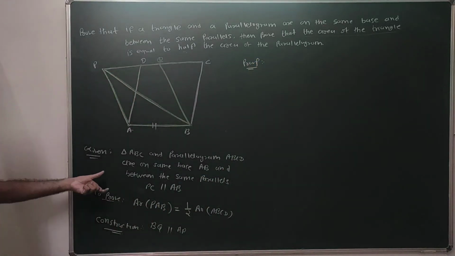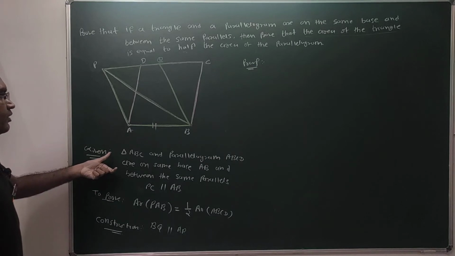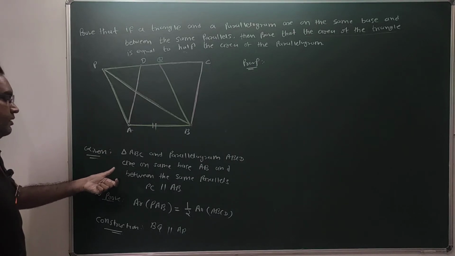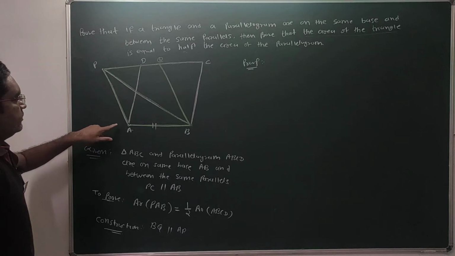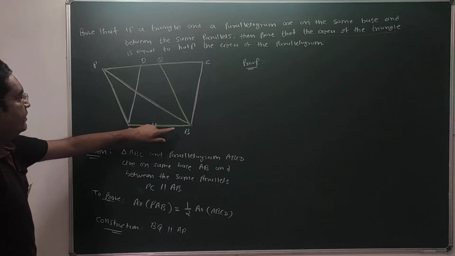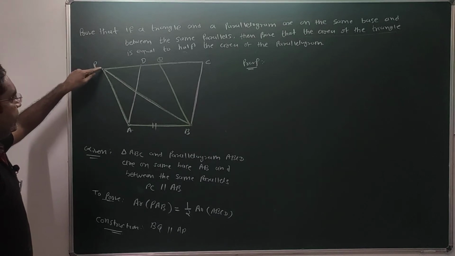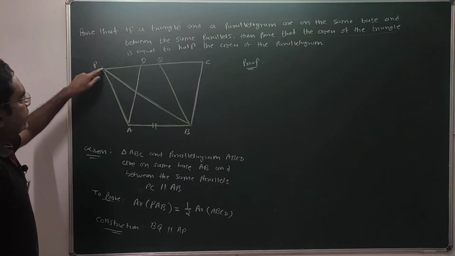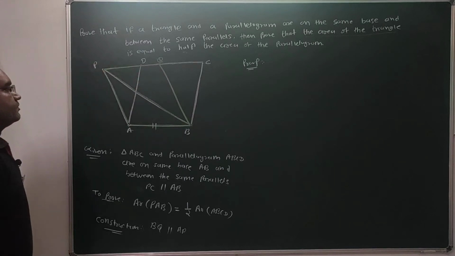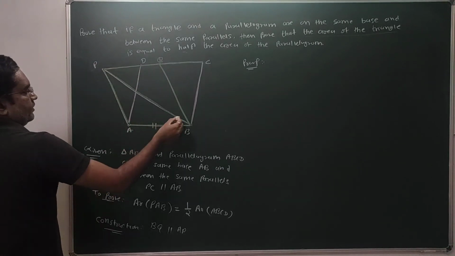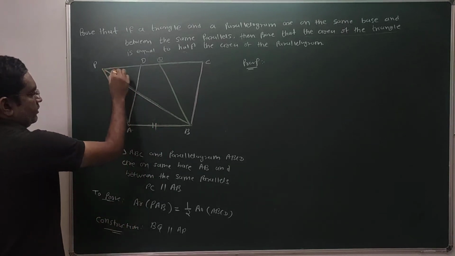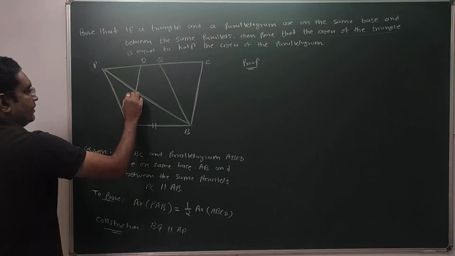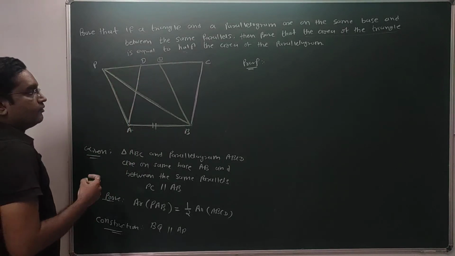Here we can write the first statement: given, triangle PAB and parallelogram ABCD are on the same base and between the same parallels PC and AB. Now, triangle PAB and triangle BQP are congruent triangles because PB is the diagonal of parallelogram ABQP, and a diagonal divides the parallelogram into two triangles of equal area.